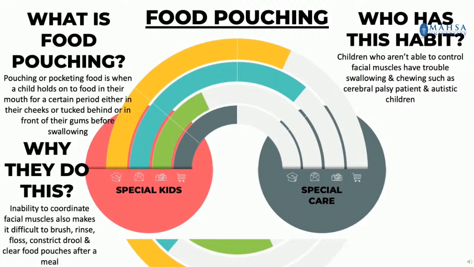There is a big reason why they have this habit. These children have the inability to coordinate facial muscles that makes it difficult to brush, rinse, floss, control drool, and clear food pouches in their mouth after a meal. The impact from the habit of food pouching is poor oral hygiene and tooth decay.